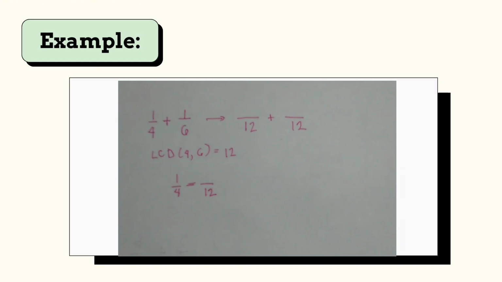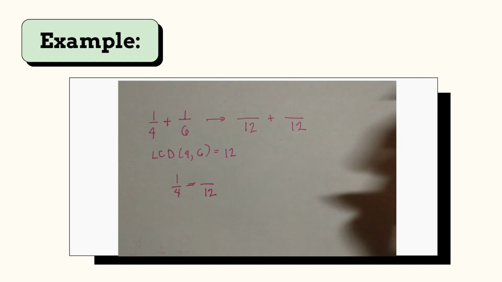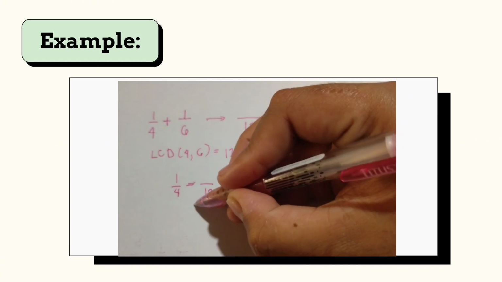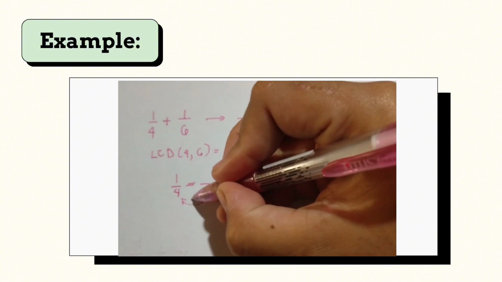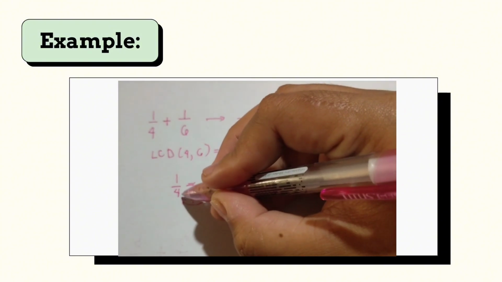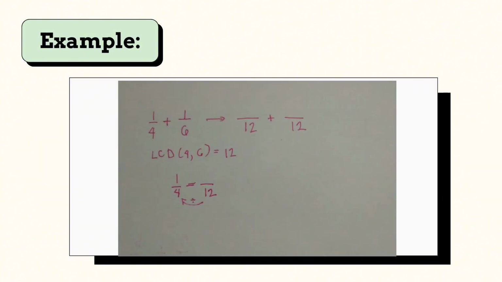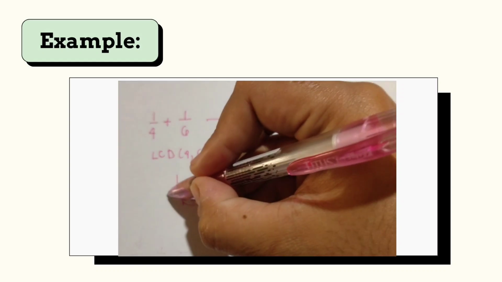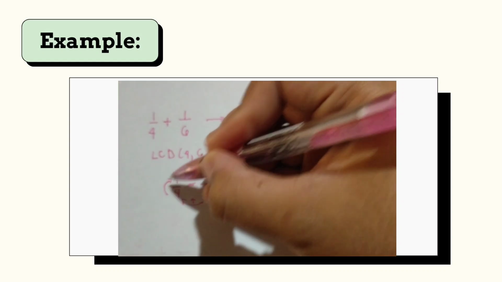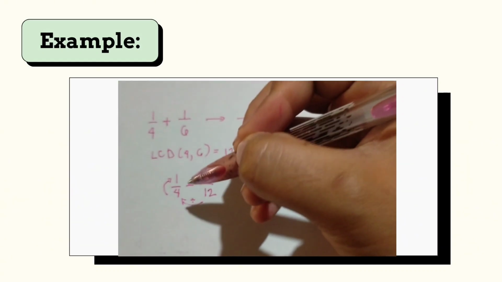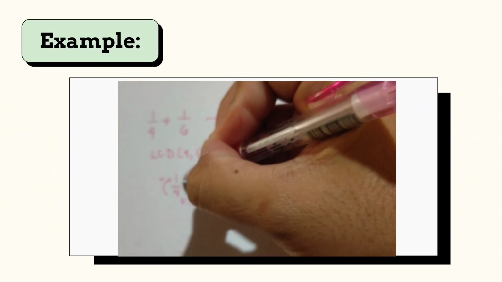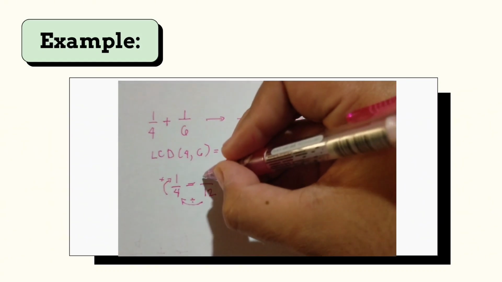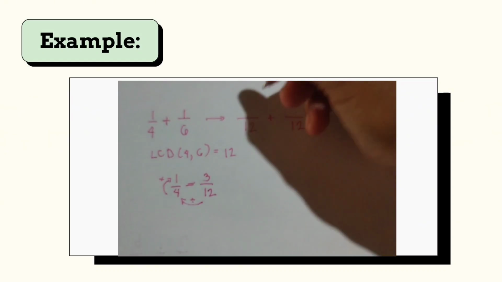To convert this fraction, we divide the new denominator by the old denominator. So 12 divided by 4 is equal to 3. And then, after we get 3, we multiply it by the old numerator, which is 1. So 3 multiplied by 1 is equal to 3. So our new fraction is 3 over 12.